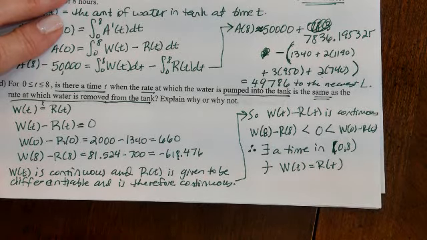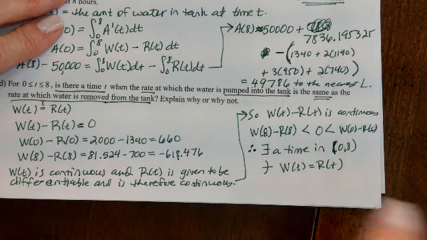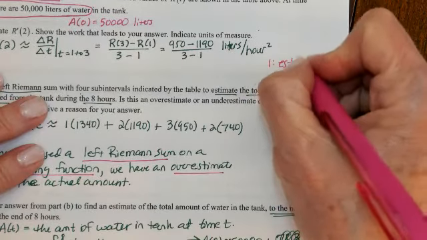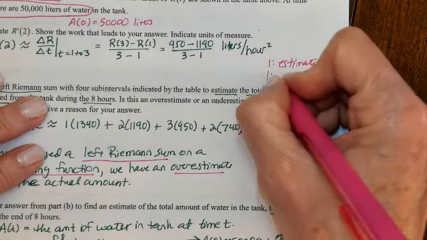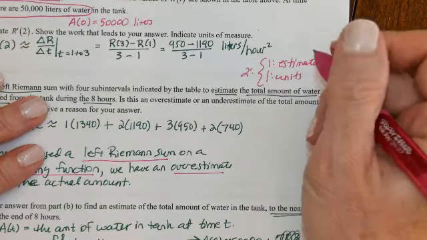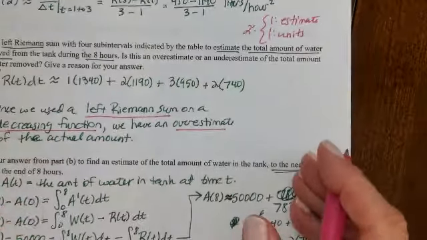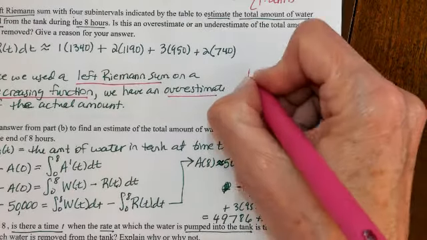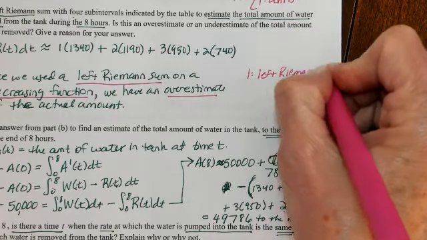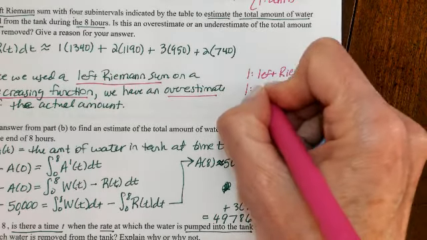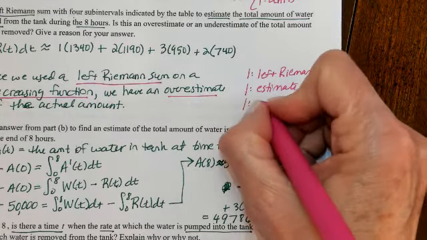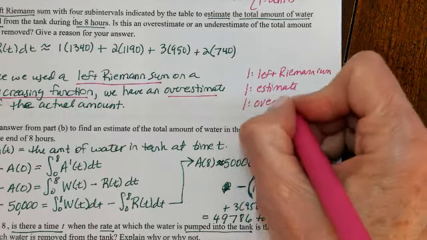It's kind of a long one, kind of a stinker of one. Part D often is. Let's see how they scored this. 1 point for the estimate, 1 point for the units in Part A. 2 points. Okay. Part B, that was worth 3 points. 1 point for your left Riemann sum, 1 point for the estimate, 1 point for stating it's an overestimate with reason.